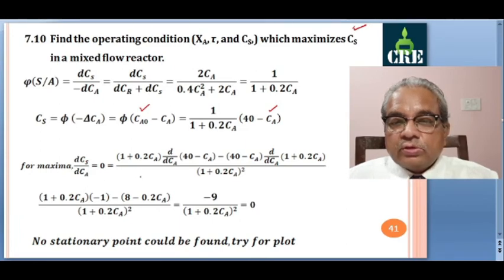So numerator: derivative of the denominator is minus 1. This 40 minus CA, derivative of this is 0, this is 0.2. So 40 into 0.2 is 8 and 0.2 into CA.